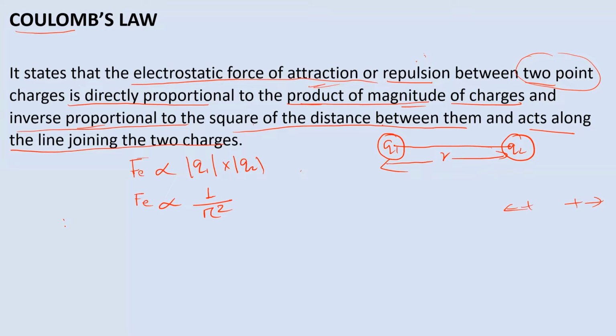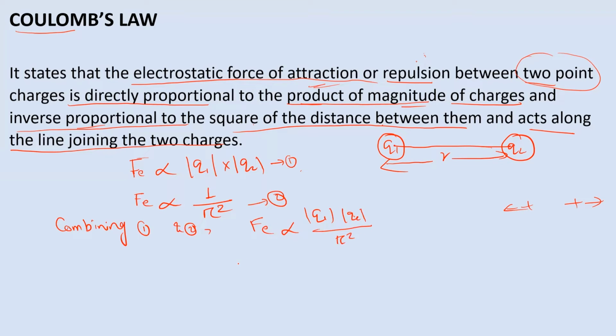Now when you combine both these equations, equation 1 and equation 2, the electrostatic force is proportional to Q1 Q2 by R square.